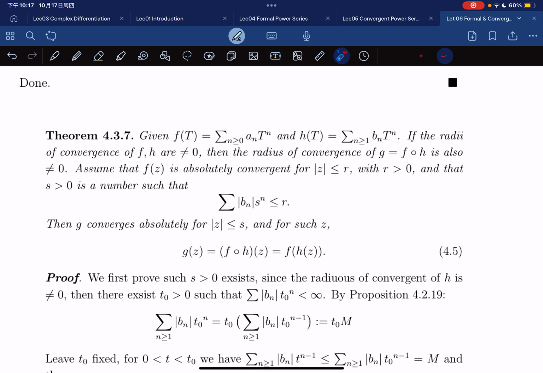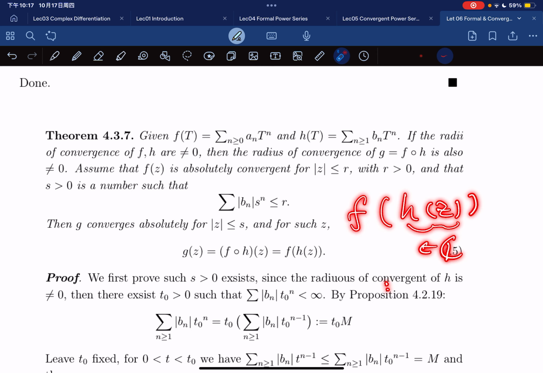Then g converges absolutely for |z| less than or equal to s, and for such z we have this holds, which is the composition of those two, another power series, and this power series is equal to f of h(z), where h(z) is a complex number.